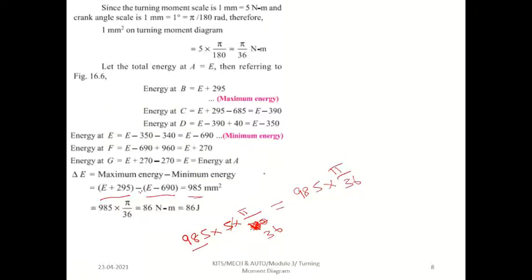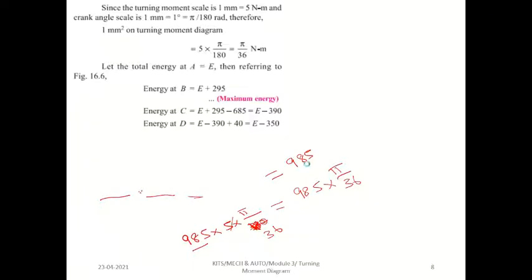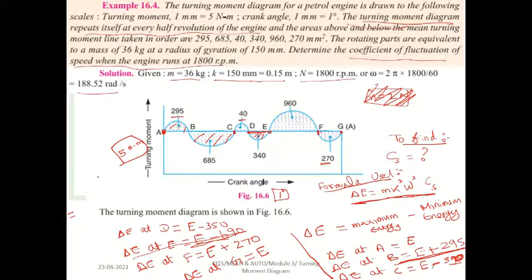In the previous slide, 1 millimeter equals 5 Newton per meter, and 1 millimeter equals 1 degree. We should not write it in degree, we have to change it into radian.